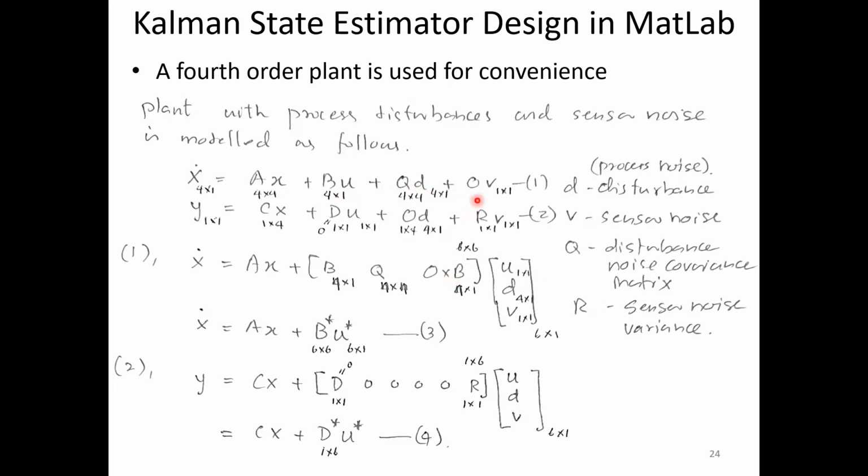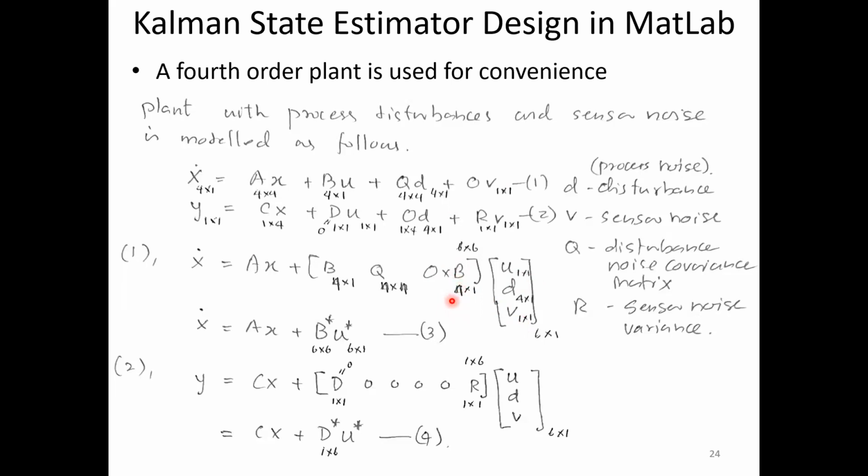So when you say 0, you better write 0 times B, because you're multiplying it with V over here, right? So it should be 4 by 1. This is 4 by 1. This is 4 by 4. This is 4 by 1. When you multiply with 0, it will still be a 4 by 1 matrix.